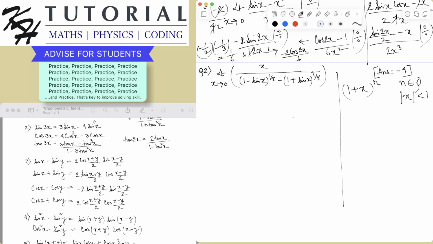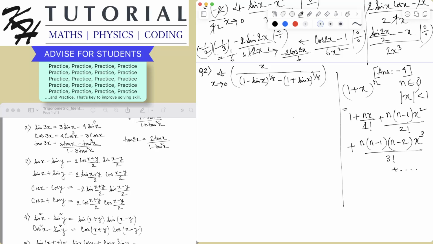The expansion series is 1 plus nx by 1 factorial plus n into n minus 1 x square by 2 factorial plus n into n minus 1 into n minus 2 x cube by 3 factorial, and so on. This is an infinite series.